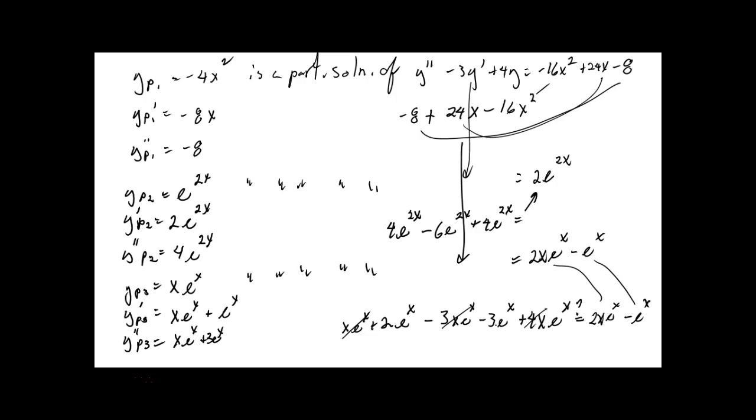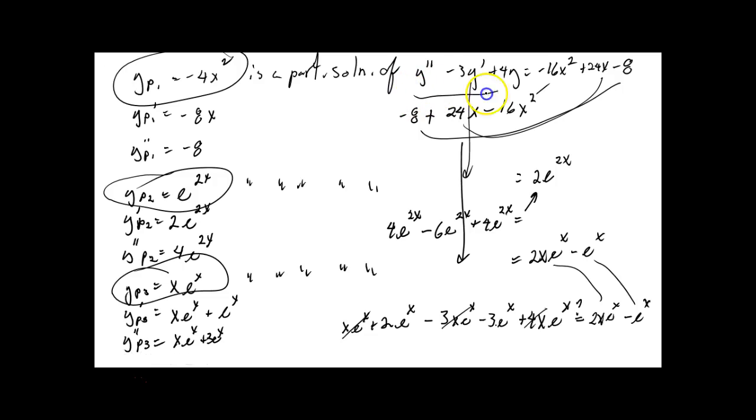So it follows from this, and from your theorem 4.1.7, which we did last time, that if you have a sum of these three particular solutions, this one plus this one plus this one, will be a solution to this differential equation plus this plus that plus that, when those three are added together. Okay?